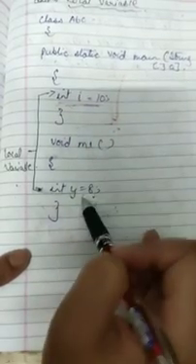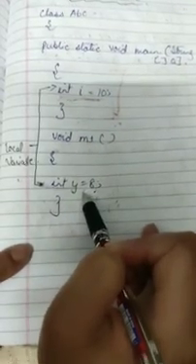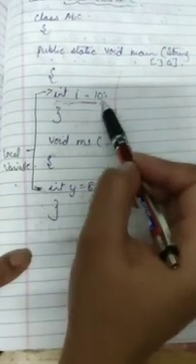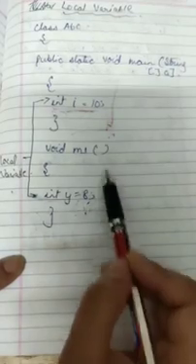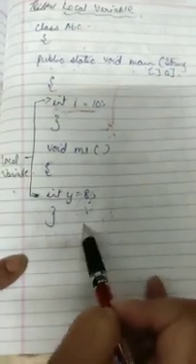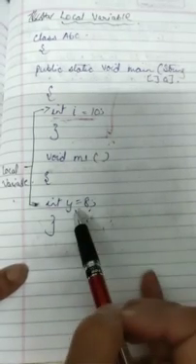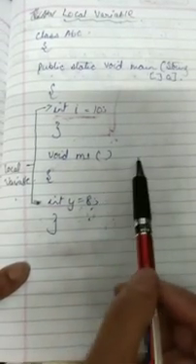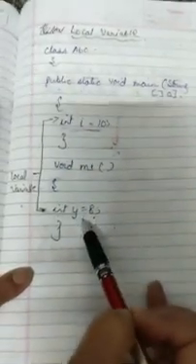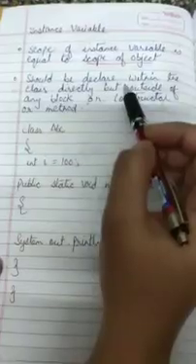Here int i and int y are your local variables. Int i = 10 can be accessed in this much block and int y can be accessed in this much block. These variables cannot be reused in another block. So here int i and int y are your local variables.